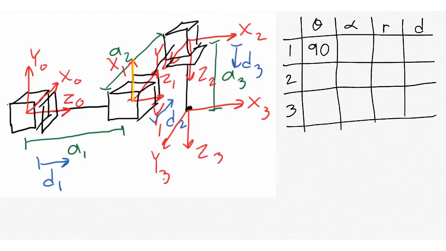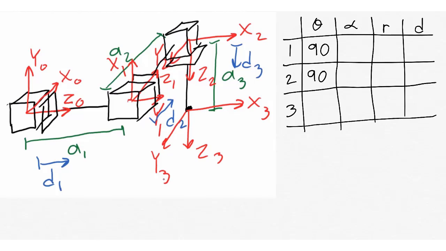So x1 is pointing up and x2 is pointing to the right. In order to get these 2 x-axes to match, I would have to rotate frame 1 around z1 90 degrees. So theta in this row of the table will be 90 degrees.